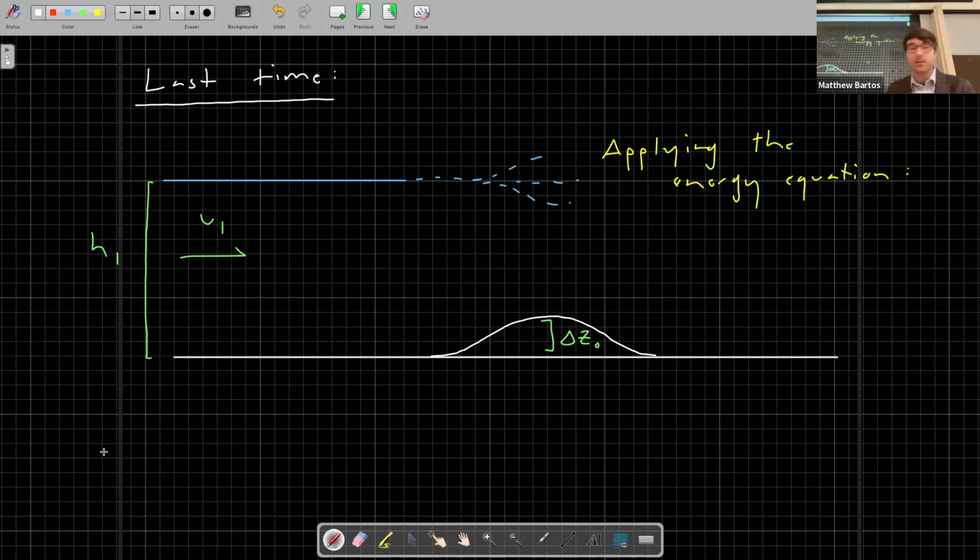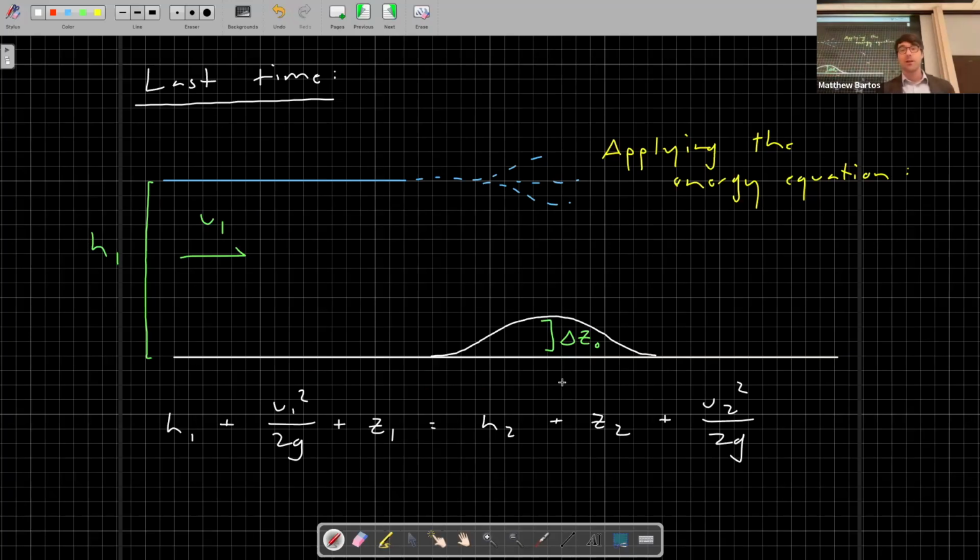So we have H1 plus U1 squared over 2g plus Z1 is equal to H2 plus Z2 plus U2 squared over 2g. We're assuming that this is a smooth transition so that there's not going to be any energy losses associated with this bump. And rearranging this expression for the energy equation, we ended up with something that looked like the following.